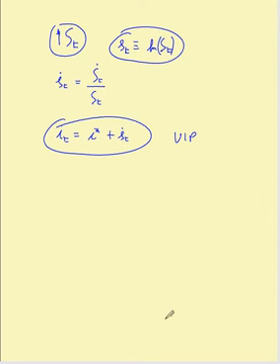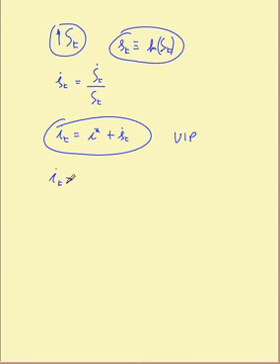This implies that if the internal interest rate is greater than the foreign interest rate, I can show you. If i_t is greater than i star, this implies s dot t greater than 0, which means that we have an actual and an expected depreciation, because we are in a deterministic framework.